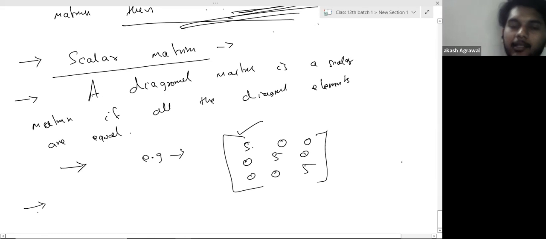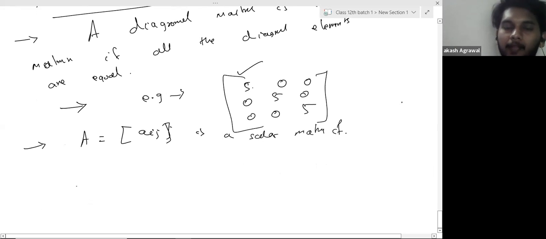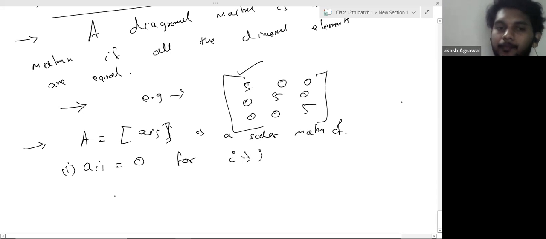How to write this in language form? A equals Aij is a scalar matrix if, first we have to write the condition for diagonal matrix: Aij must be equal to 0 for I not equal to j.